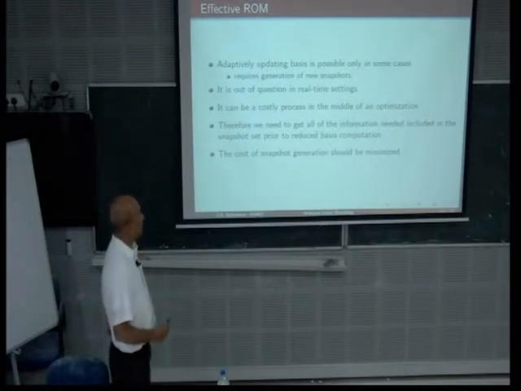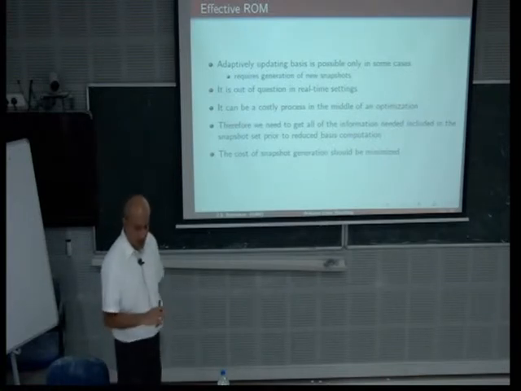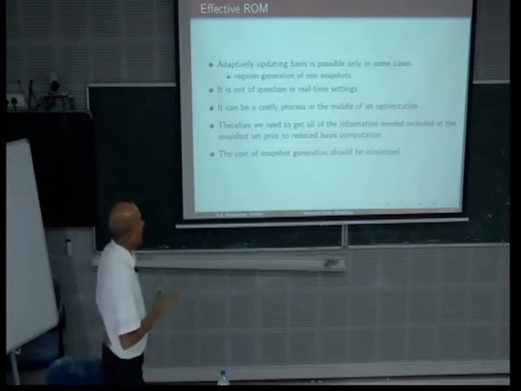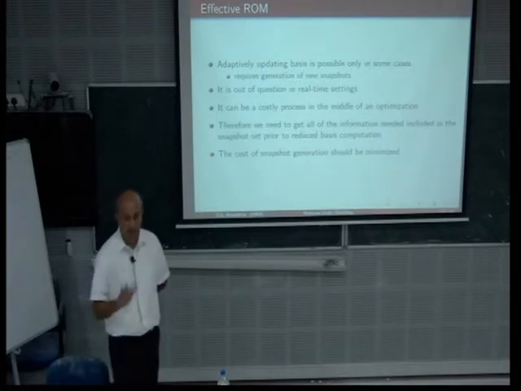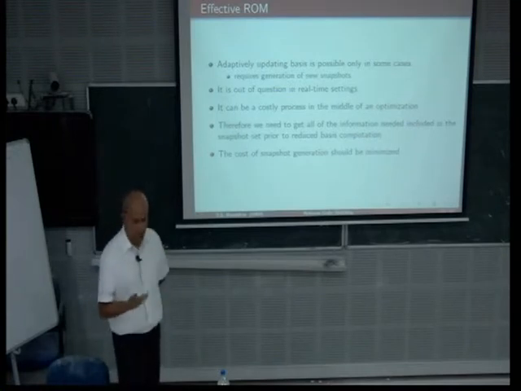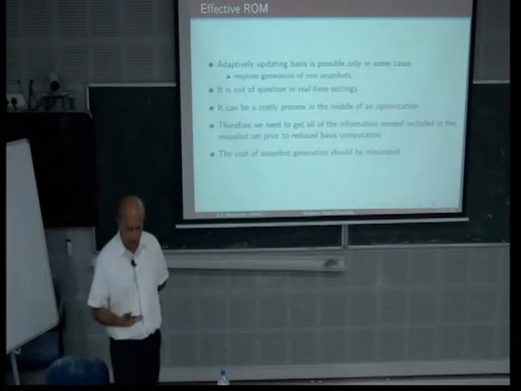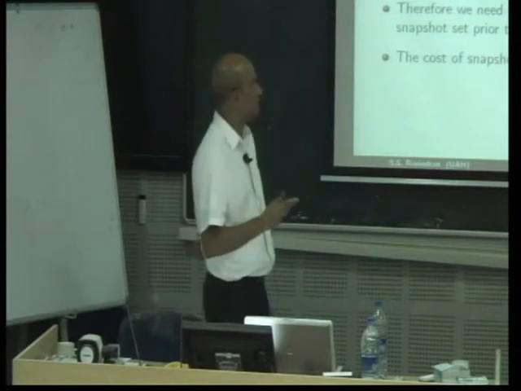Effective reduced order modeling depends on the basis that you construct, and you cannot always update this basis adaptively. In some cases you can. But if you are doing real-time computation using this reduced order model, with a basis fixed in your model, you cannot go in the middle and try to reconstruct the basis.